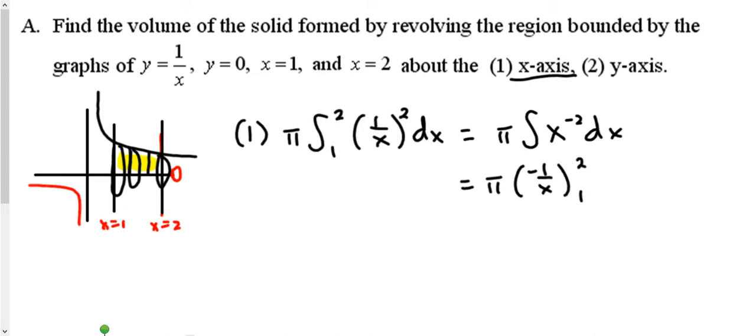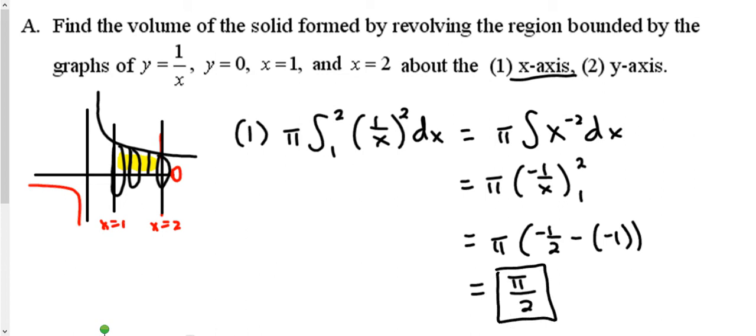And I do it from 1 to 2. So I've got pi times, plug 2 in there, I get negative 1/2, minus, plug in 1, and I get negative 1. So this makes positive 1 minus 1/2, which would be 1/2 times pi, which is pi over 2. Right, so it would be pi over 2 cubic units.